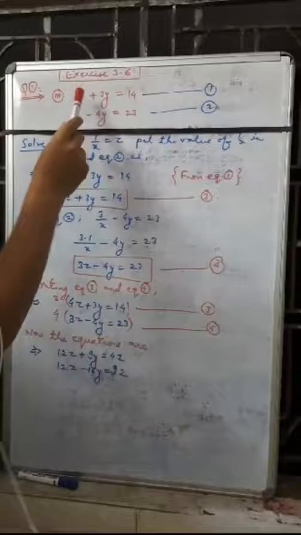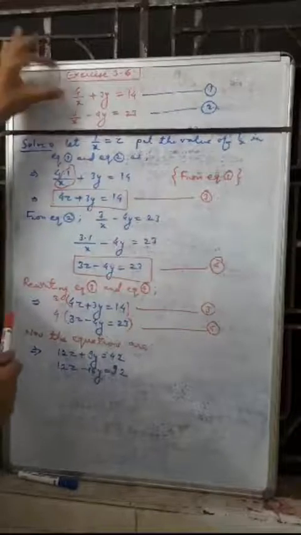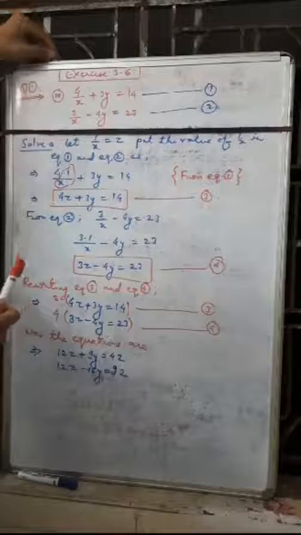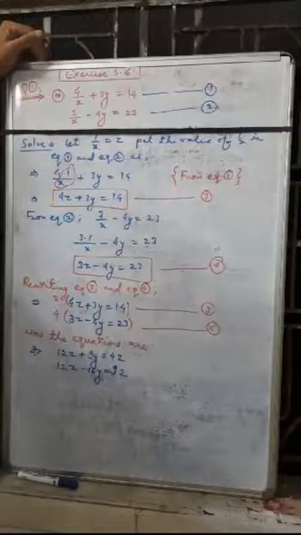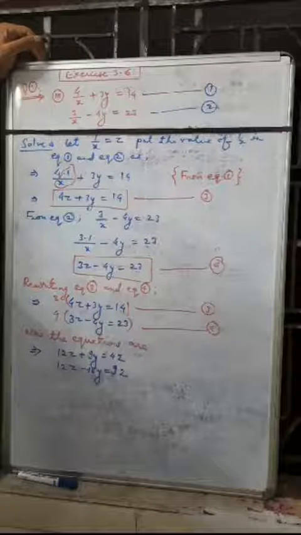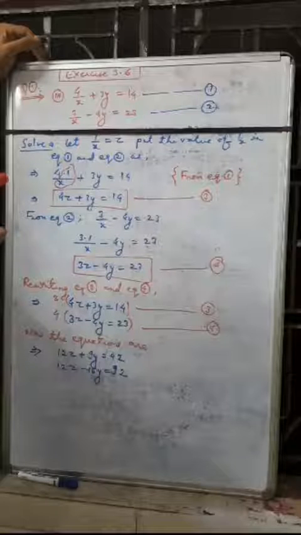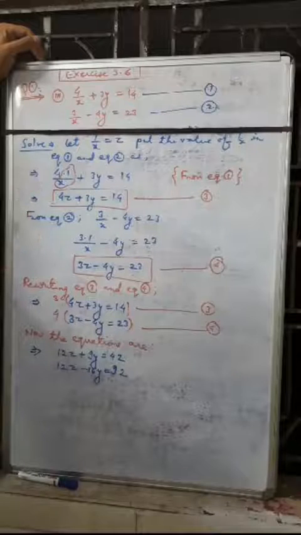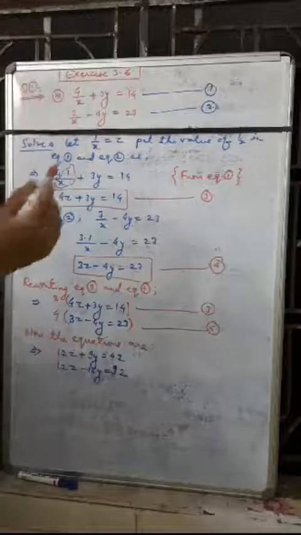Here we have the problem where the variable x is present in the denominator in a pair of linear equations. So we will try to convert it into standard form, like the equation ax plus by is equal to c, or ax plus by plus c is equal to 0.